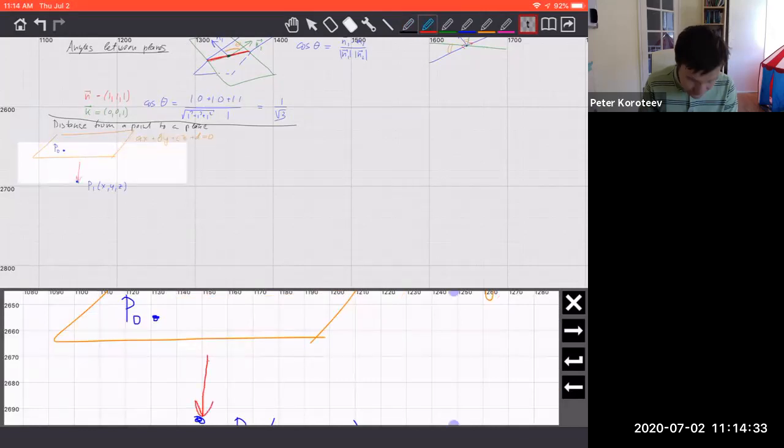And so, yeah, we can draw this line. There's a 90-degree vector, and then say there's a vector B that connects P0 and P1.